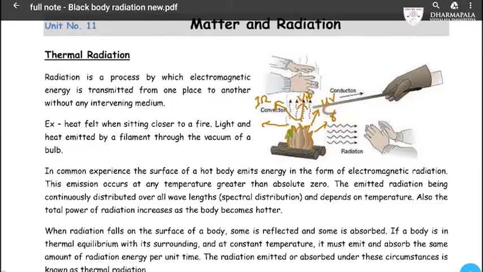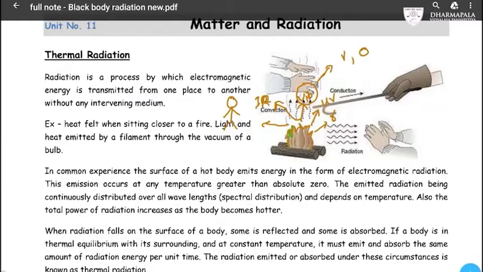But as we can see it in red or orange color, we can consider it has emitted more waves in the visible region, in the red and orange colors. And if you are closer to that fire, you will feel the heat because it has emitted IR. It has emitted more waves in IR also.